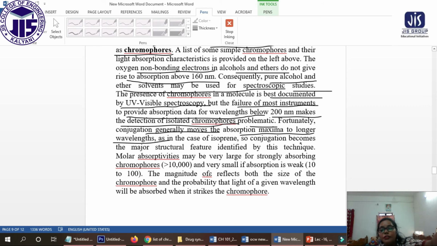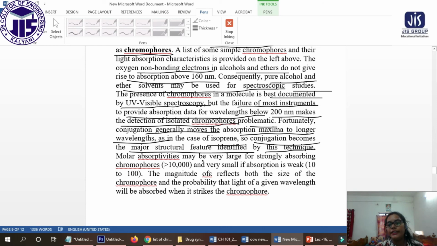The absorption maxima move to longer wavelength; the value of lambda will be higher when we have a conjugated system, as in the case of isoprene. So conjugation becomes the major structural feature identified by this technique.